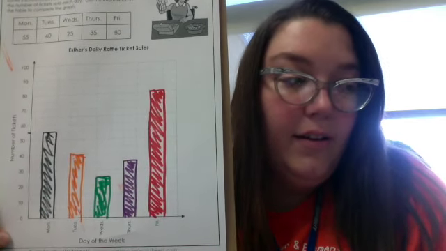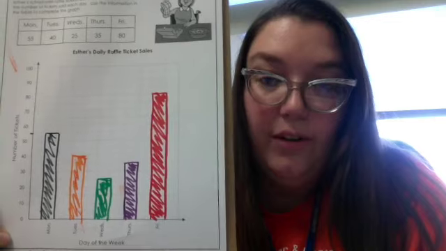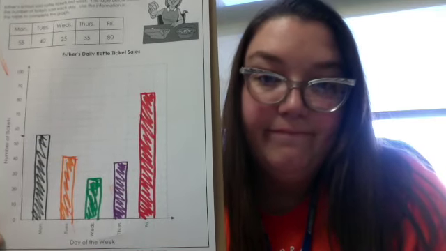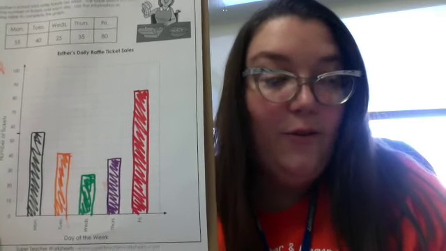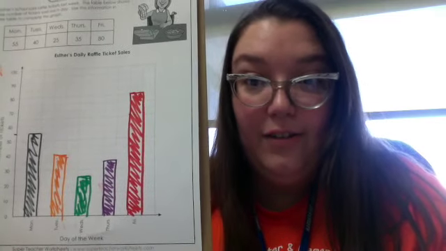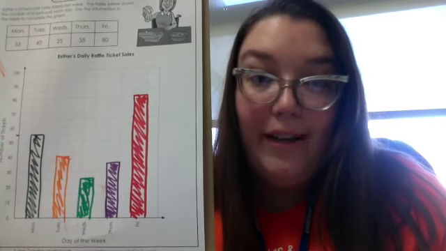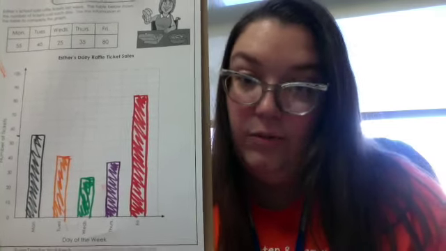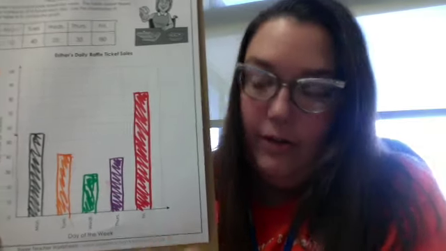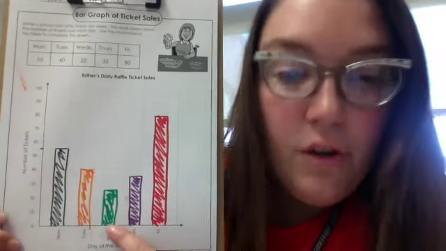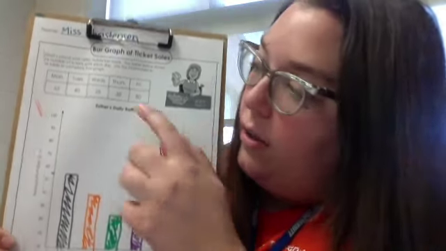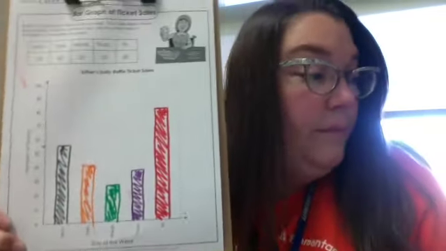I want you to think how many raffle tickets were sold on Wednesday. There are 25 raffle tickets. So 25 raffle tickets were sold on Wednesday. And as you can see, not only in the green for Wednesday, but also if you took a look at that table up there that we had to use to fill this out, right?